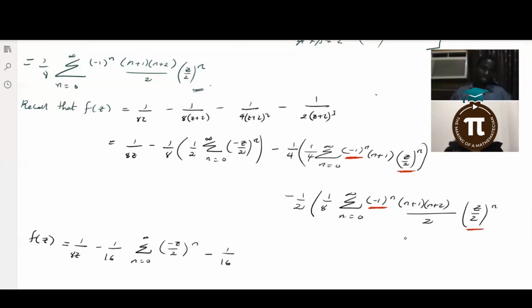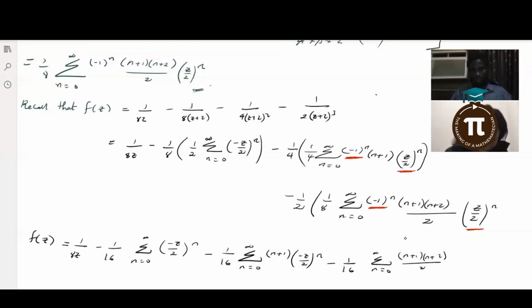So my point is I have minus 1 over 16 summation of n starting from 0 to infinity of n plus 1 times minus z over 2 raised to power n, minus 1 over 16 summation of n starting from 0 to infinity of n plus 1, n plus 2 divided by 2, times minus z over 2 raised to power n. Do you understand that?